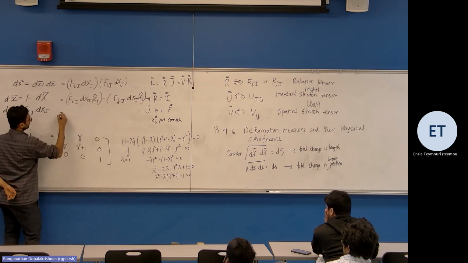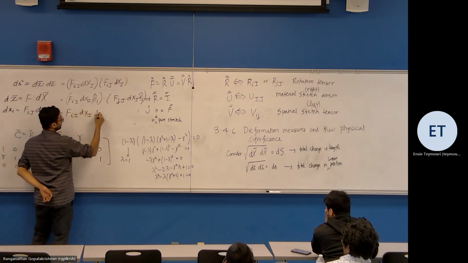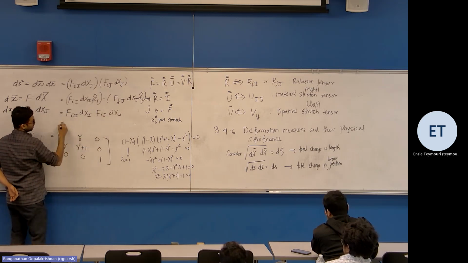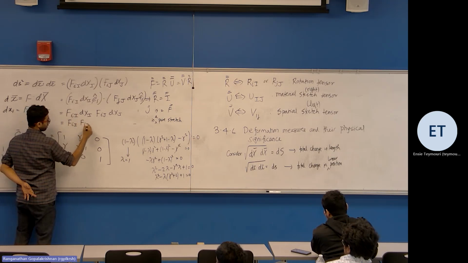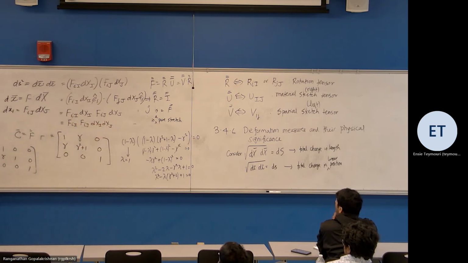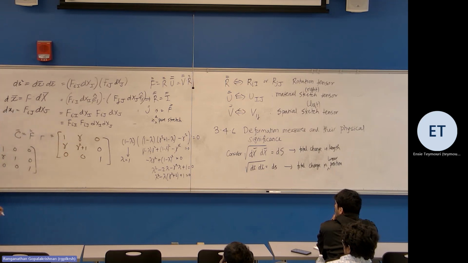So this is eventually going to become FiI dXI times FjJ dXJ, which now is just a product of scalars, which I can write FiI FjJ dXI dXJ. What is this quantity, FiI and FiJ multiplied by dXI and dXJ?